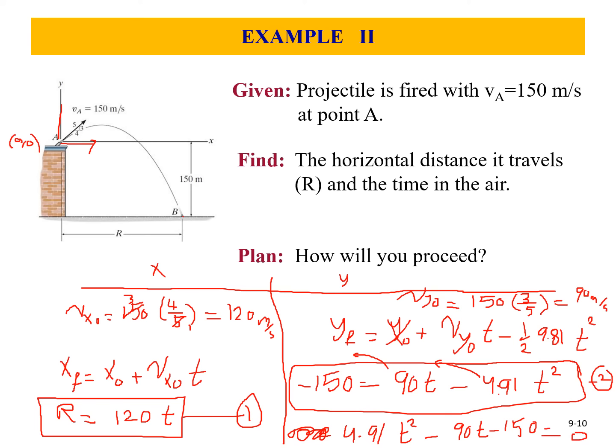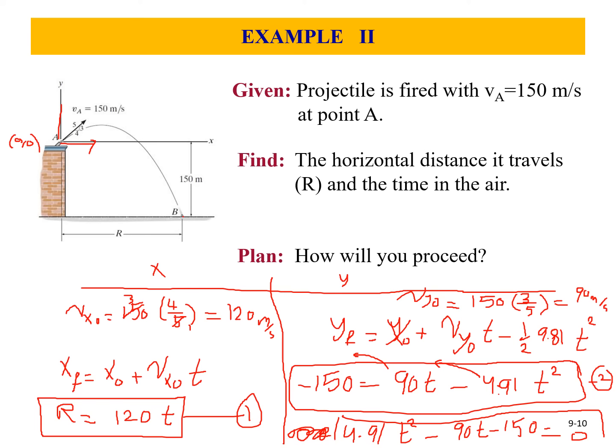This is an equation that we can solve using your calculator, or you use MATLAB or anything, and you get T1 and T2, correct? One of them will be negative, the other one will be positive. We use the one that's positive. Take that time, put it in the first equation, you get the distance R that it travels, and you're done.